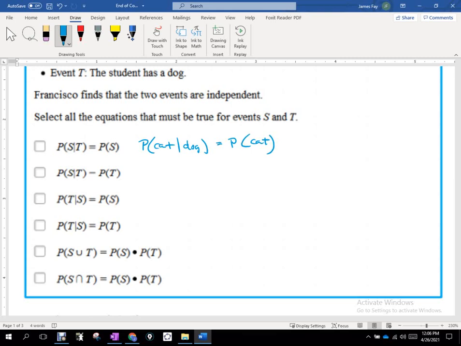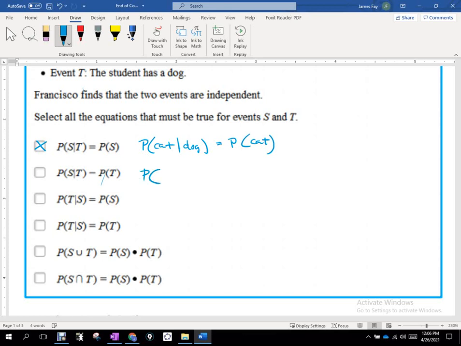So is that a scenario, the way I write it that way, is that an independent situation? Yeah. Probability that I have a cat given that I have a dog is equal to the probability of a cat, which means that information about having a dog did not have any bearing on the situation. Does that make sense to everybody? So I would check this one. That's true. Okay.